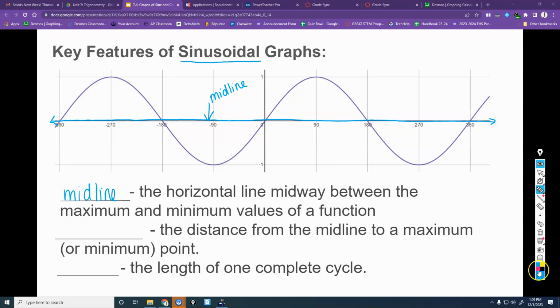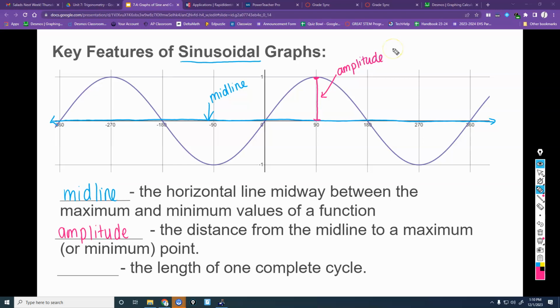Okay? We also have something called amplitude. So sine graphs have amplitudes. The amplitude is the distance from the midline to a maximum or a minimum point. So from the midline right here up to the maximum point, that is called our amplitude.